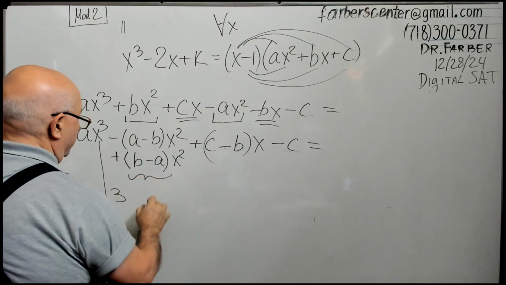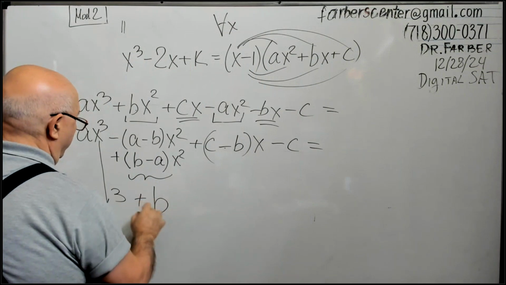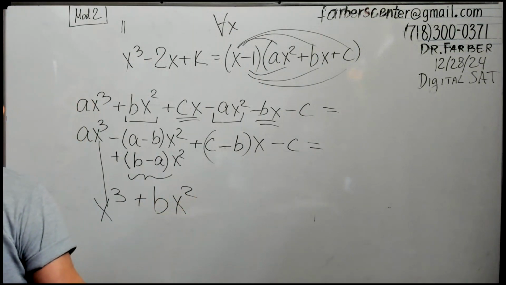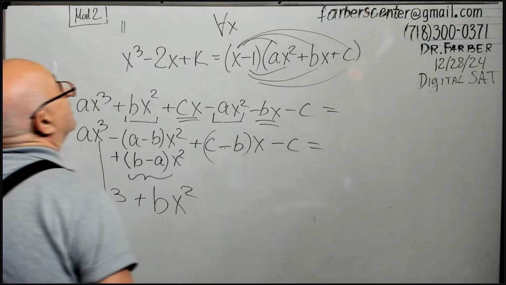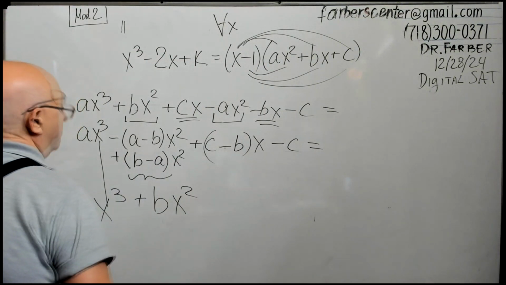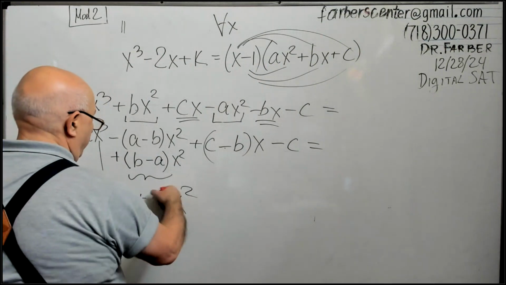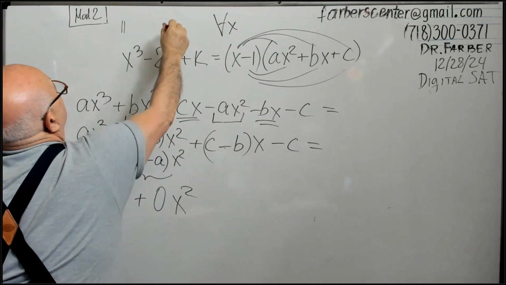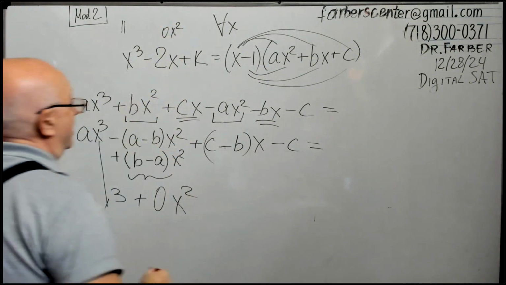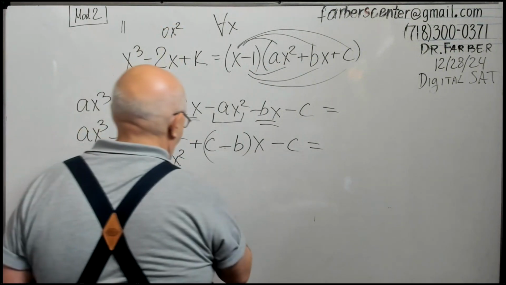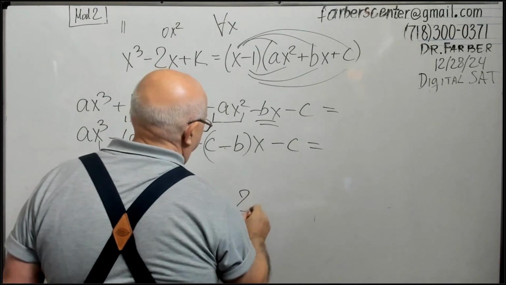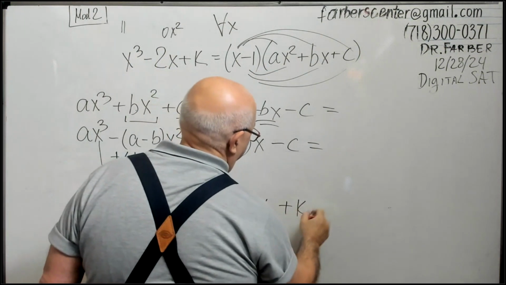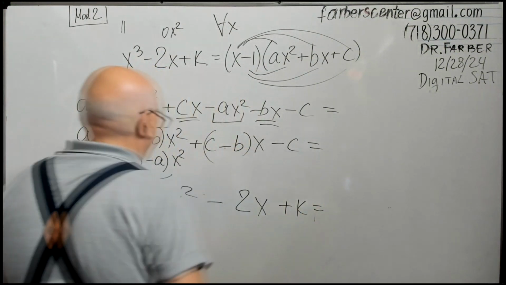No, it's not bx squared. This is 0x squared, because we don't have x squared here. It's 0x squared. Minus 2x and plus k. Now it's great.